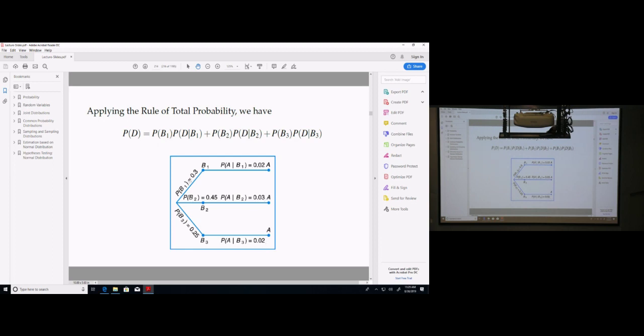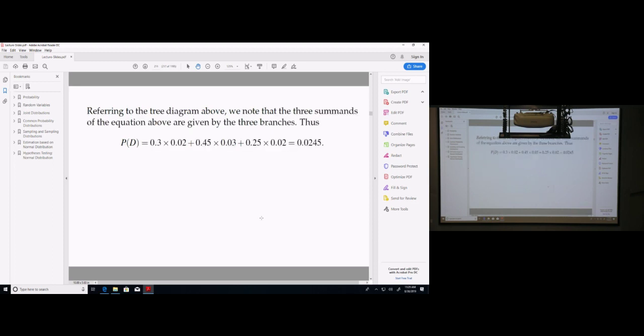So if we follow this route, it would be 0.3 times 0.002. You work it out, and so on and so forth. All right, so as a result, this is the total. The percentage of making a mistake from one of the 3 machines is 2.45%. So basically, it's somewhat like an average of the 2%, 3%, and 2%.